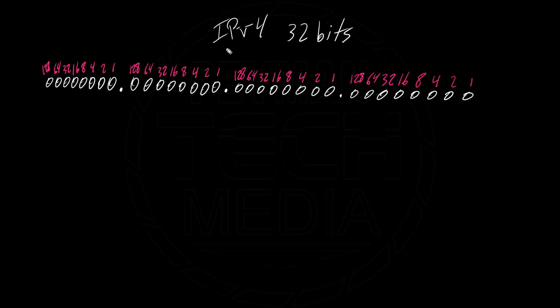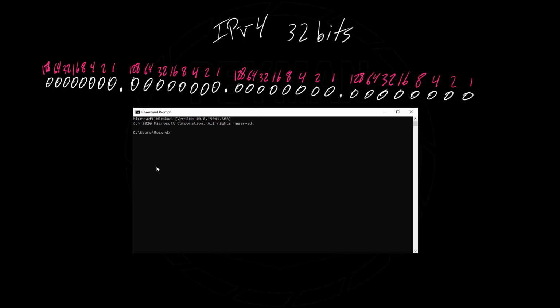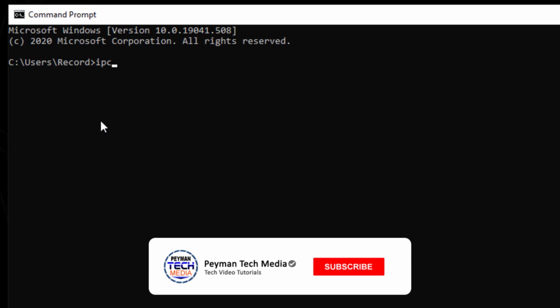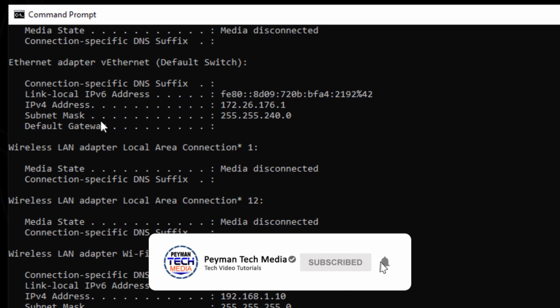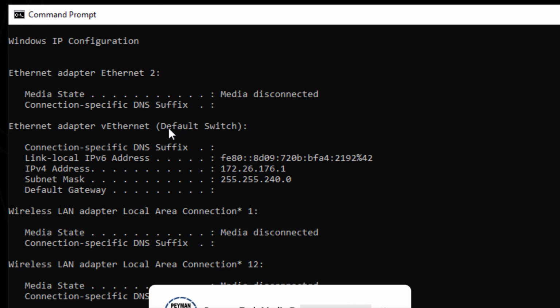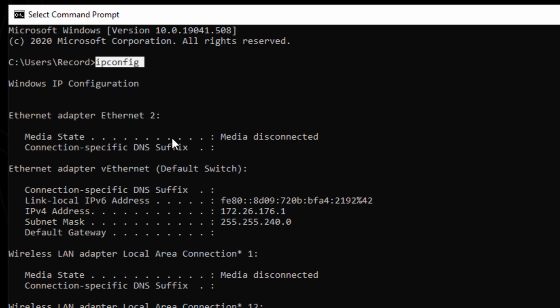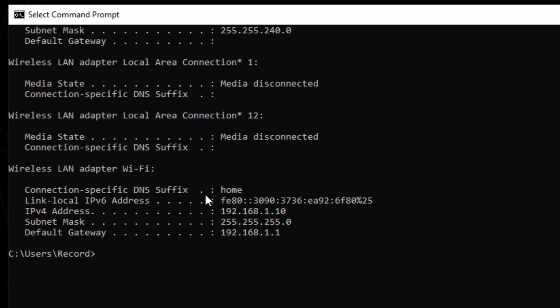What we see in a computer, for example, if we open up the command prompt by clicking start, typing cmd, and pressing enter, it will open up the command prompt. Let's type ipconfig and press enter. This is the Internet Protocol configuration, and this is our IP address, 192.168.1.10, along with the default subnet mask and the default gateway.